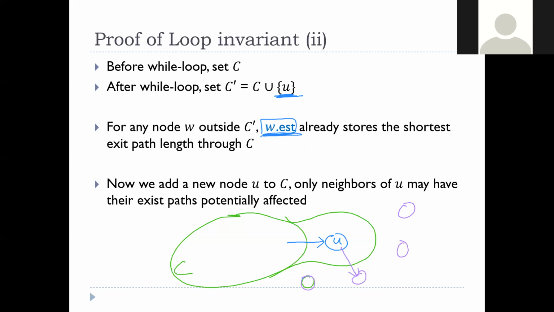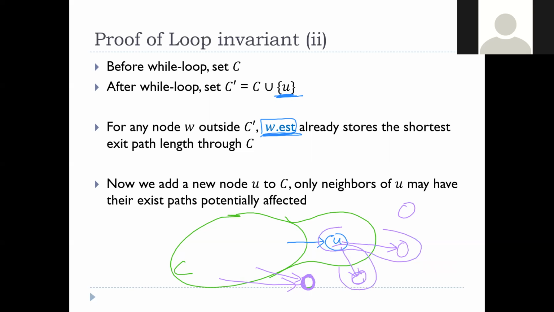Okay, so if this node doesn't have anything coming from u, then the exit path reaching this node doesn't change, so the shortest one doesn't change either. Only for nodes that are connected from u, that gives us a new exit path to reach them. So we have to check whether that gives us a new, better distance estimate. Okay, but this is exactly what our algorithm is doing. Our algorithm is performing an update on all of these edges to see whether we can reach this node through a shorter way.